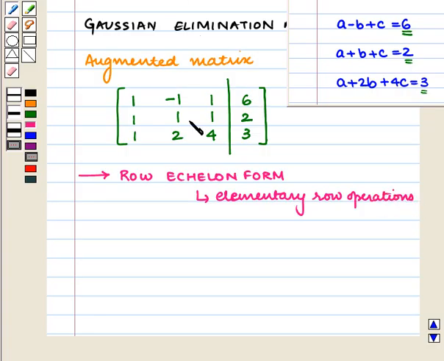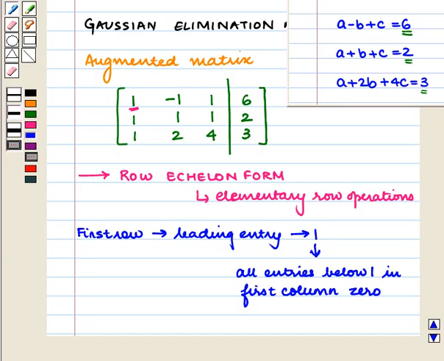For this, we have to make all entries below the first non-zero entry in that column 0, and the leading entry should be 1. We start with the first row. Here, the leading entry is already 1. Now we have to make all entries below 1 in the first column 0.